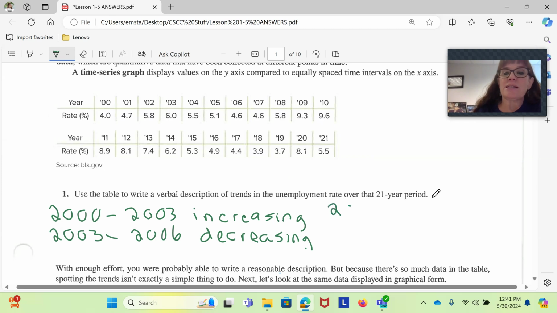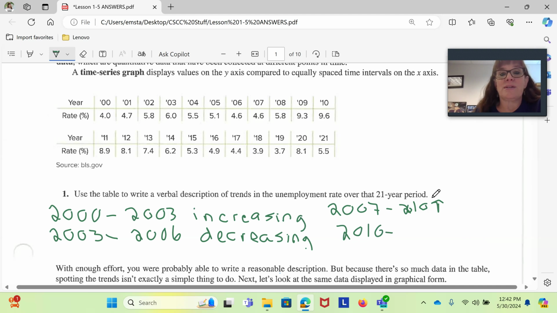So from 2007 until, let's see, when we stopped, we went up to 9.6 in 2010. Forgot my zero in here. It was increasing. I'm going to shortcut that with an arrow. Then from 2010, it starts going down.